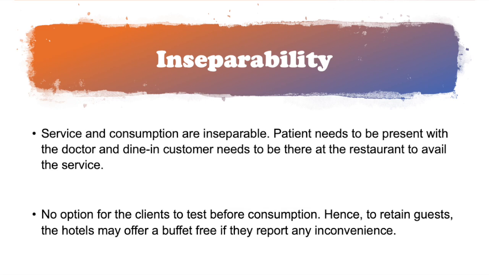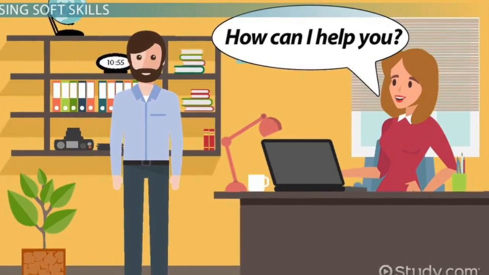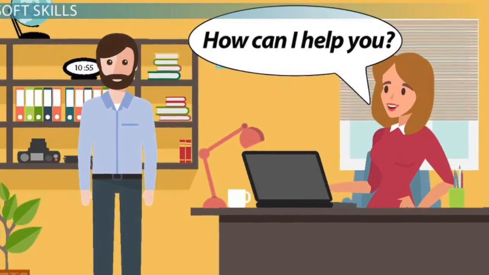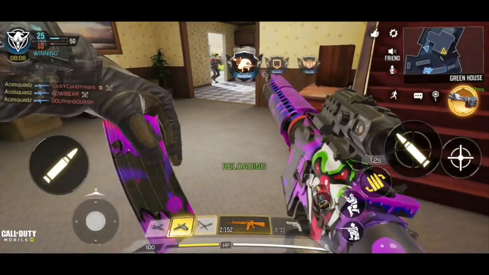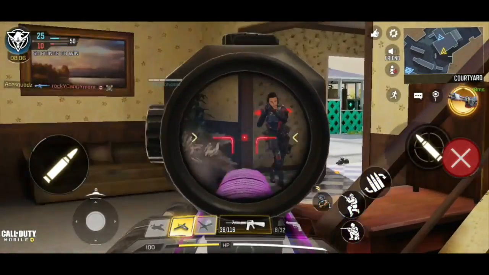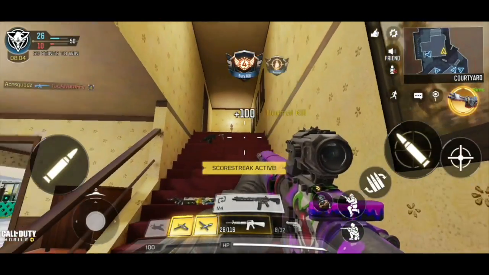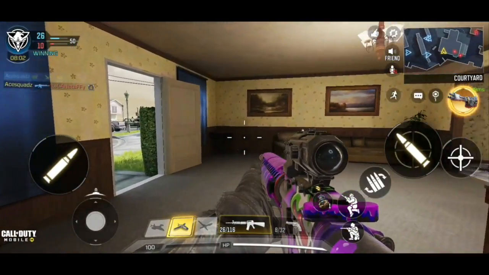With regard to inseparability, we all know that consumption takes place after production. Therefore, a key difference between service and products is the interaction between the customer and the provider. Services are first sold, then produced and consumed simultaneously, whereas goods are first produced, then sold and consumed.